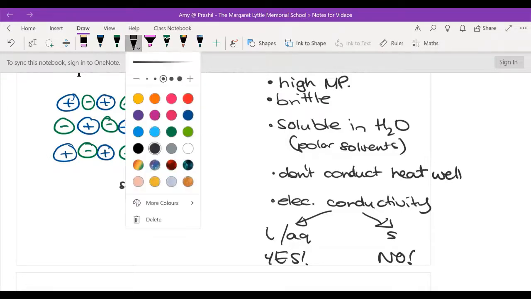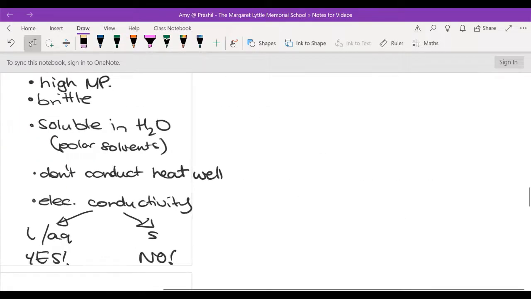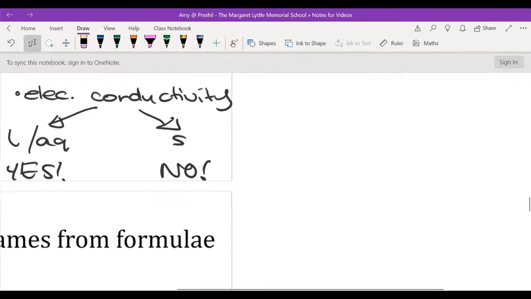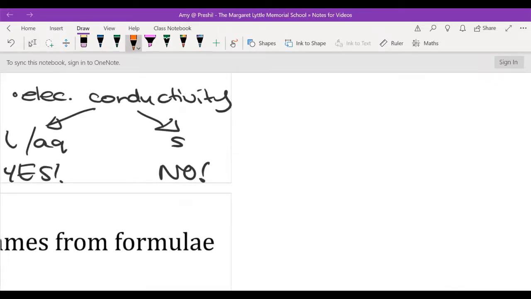Now, for electrical conductivity, I need to explain why things conduct electricity. So let me do a little sidebar here in my beautiful orange pen. In order for something to conduct electricity, I need to check two boxes.